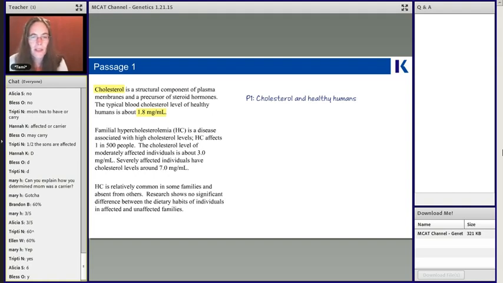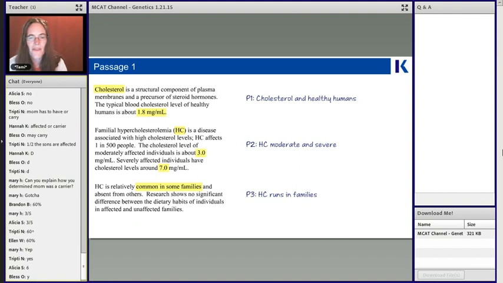So this is cholesterol in healthy humans. Our next paragraph is about HC, hypercholesteremia, and it gives us a range, moderately affected to severely affected. This has to do with the expressivity. It's moderate to severe. And then finally, it's common in some families and absent in others. So this runs in the family.